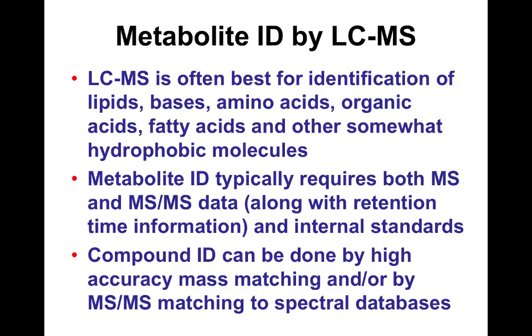Ideally, you'd also like to have some internal standards to validate that. If you have very, very high accuracy Orbitrap FTMS data, it can help narrow down what your compounds are, but it doesn't necessarily tell you what they are unless you've either got the authentic one or a lot of MS or MS to the N spectra from reference libraries.